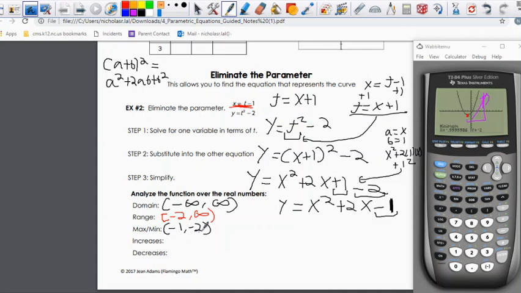It's going to be increasing from negative 1 to infinity. It's going to be decreasing from negative infinity to negative 1. That's when it increases. This is when it decreases.